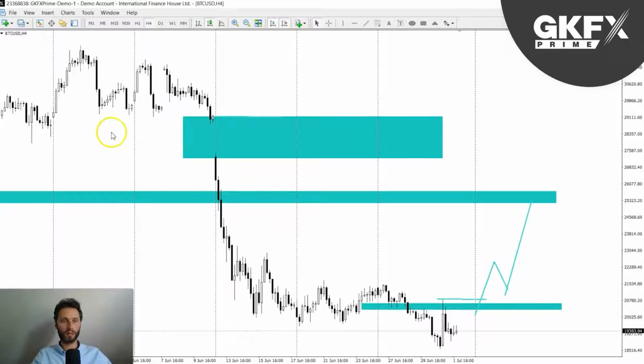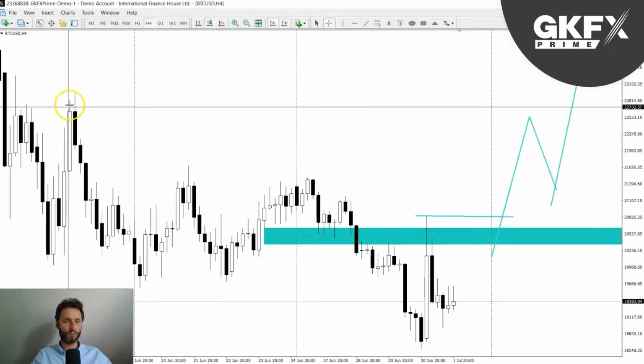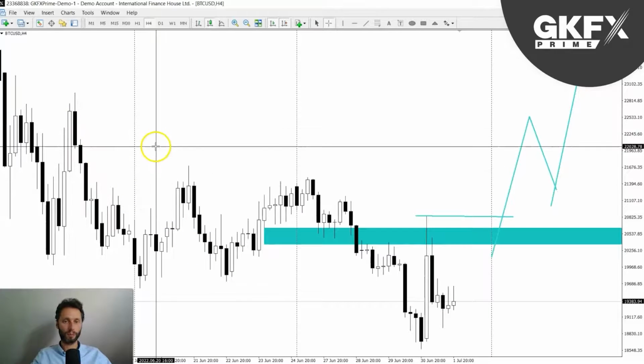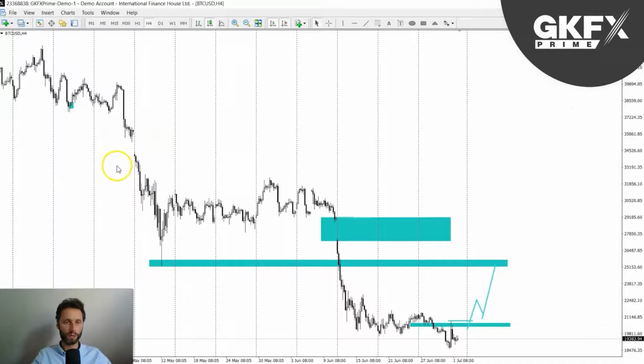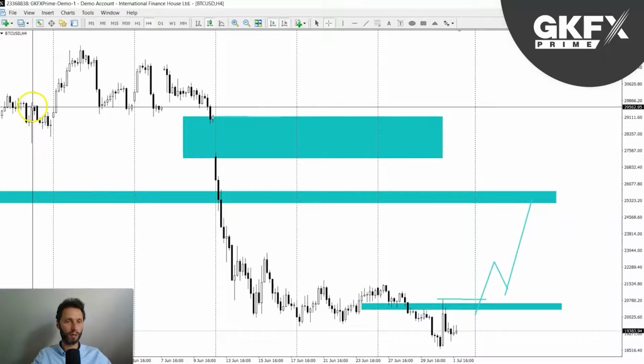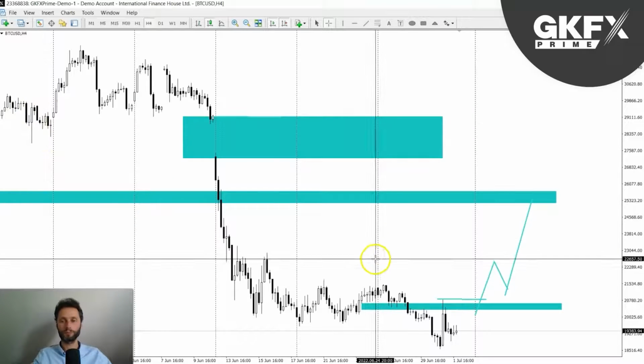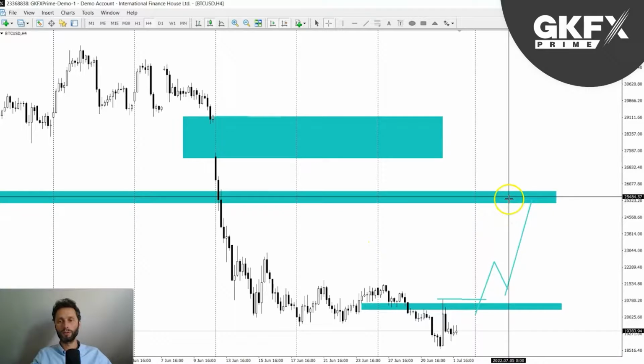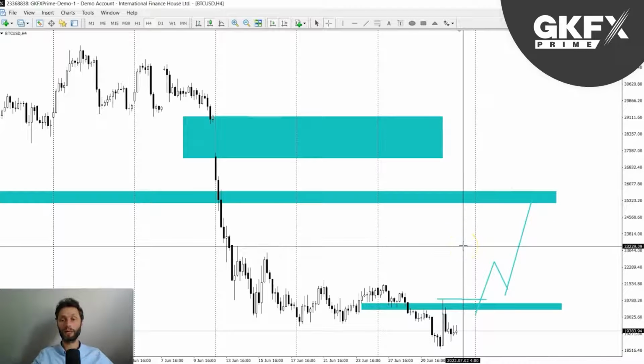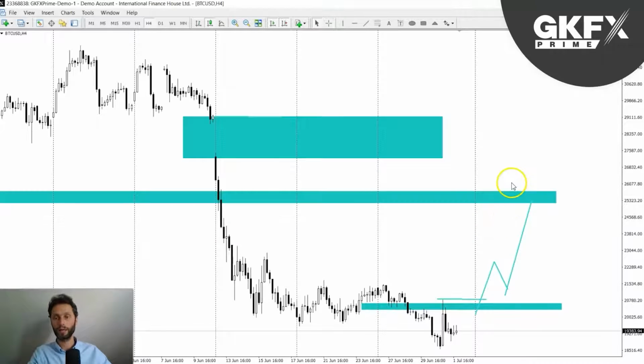I want to see nice big bullish candles like this candle up here, or a pin bar candle like this one, and that would give us a better setup for the buy scenario. Now if you want to play it safe, with less risk and higher probability, I would say wait for the short setup, but that may take a while.